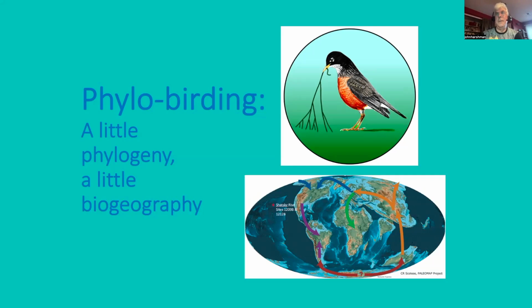That happens to be the logo of the Early Bird Project, which was instrumental in changing a lot of field guides about 15 years ago now. And the bottom one is a little map of the world as it appeared in the late Eocene. And that's where the biogeography comes into it.